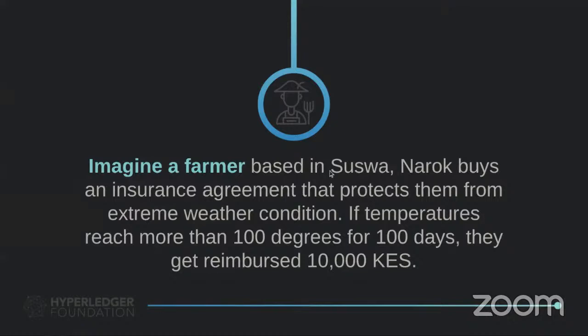So in the farming sector, if a certain temperature is recorded, what happens? If temperature rises to around 100 degrees in 100 days, a contract is executed and the insurer pays a farmer a certain amount of money.